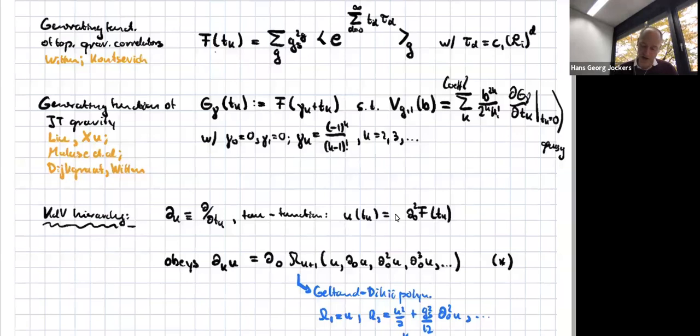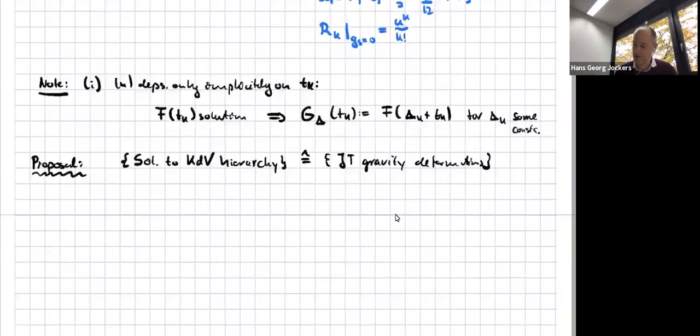Okay, so in order to illustrate our point, let me come first to the JT gravity deformations that we could take a look at. So we have the action of JT, and we want to now perturb this action by additional terms.